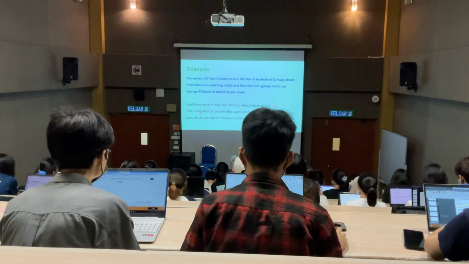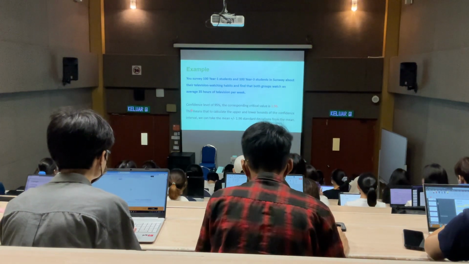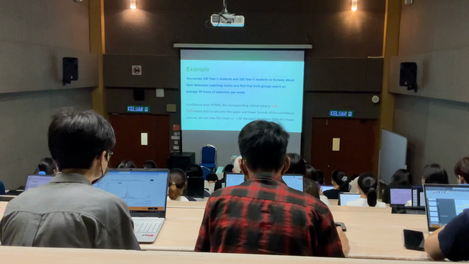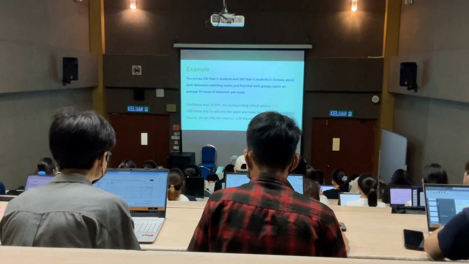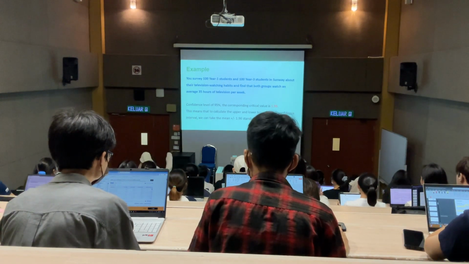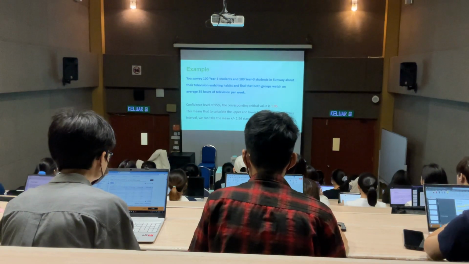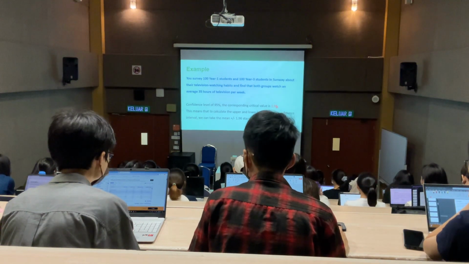So with the confidence level of 95%, the corresponding critical value is 1.96. So now you got a population mean 35, you got the critical value. So this means that to calculate the upper and lower bounds of your confidence interval, when you want to come up with the range, we can take the population mean plus minus the critical value. So we'll get the intervals.